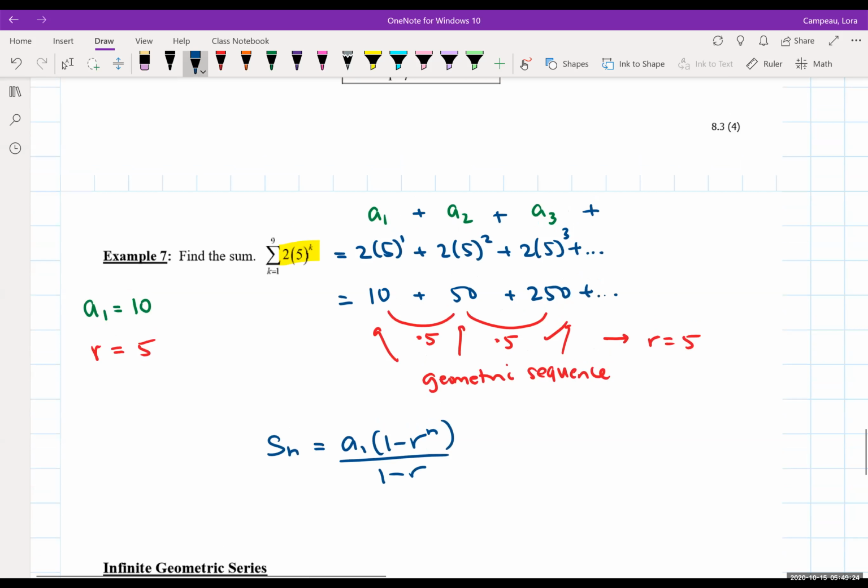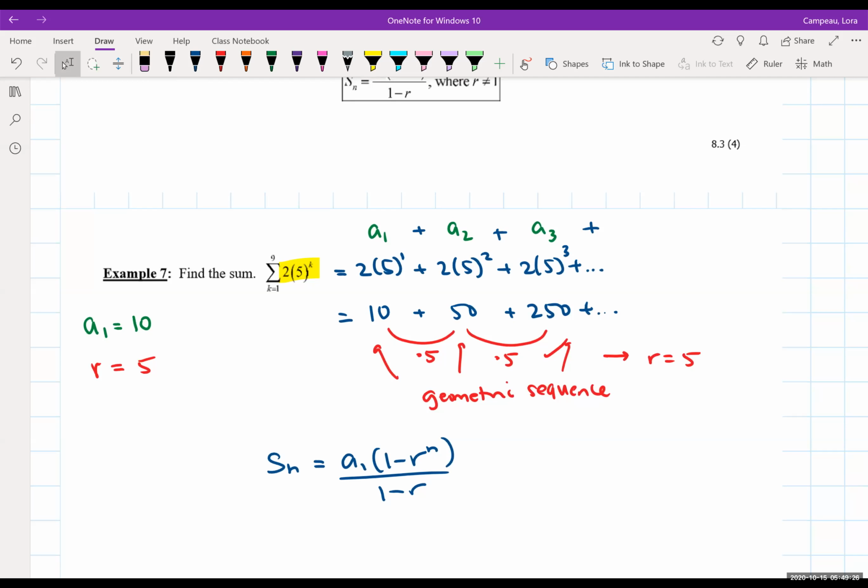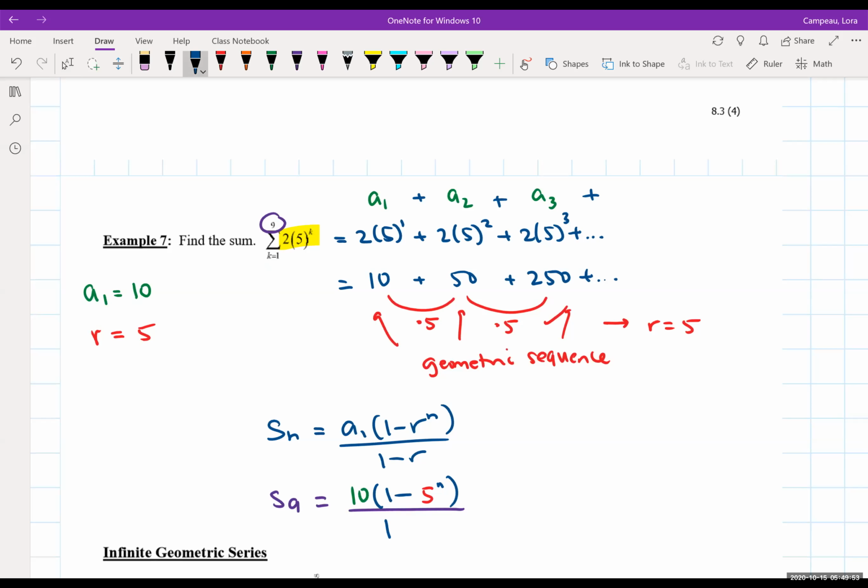Looking at this partial sum, you may not see it, but that is the sum of the first 9 terms, so we'd be looking at S sub 9. Now, a sub 1 is 10, so we have 1 minus 5 to the nth power, since r is 5, over 1 minus r, so 1 minus 5.